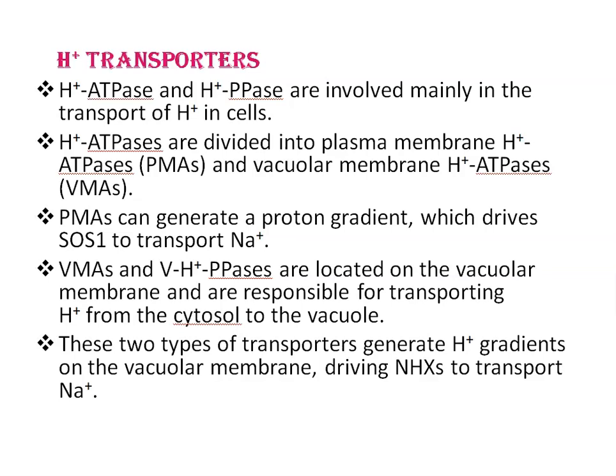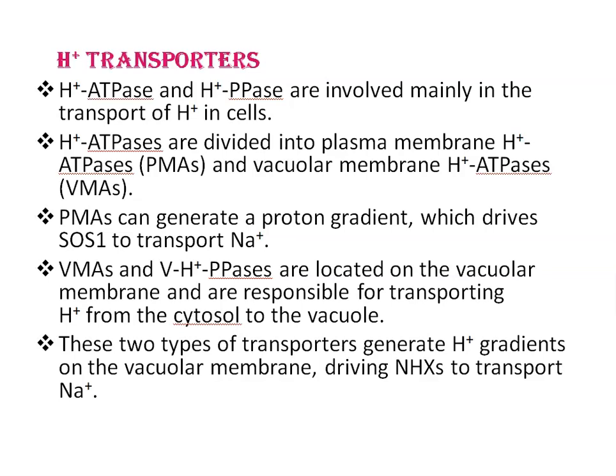Next is hydrogen ion transporters. Proton ATPase and proton PPase are involved mainly in transport of hydrogen ion in cells. Hydrogen means proton ATPases are divided into plasma membrane proton ATPases, PMAs, and vacuolar membrane proton ATPases, VMAs, right?